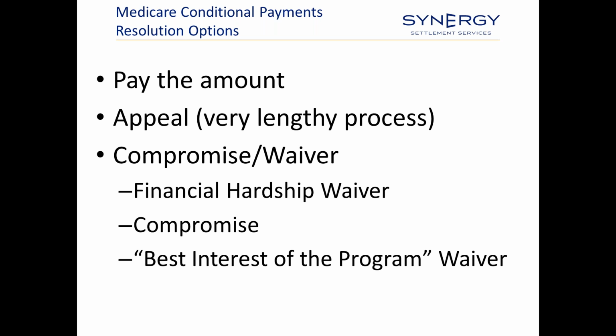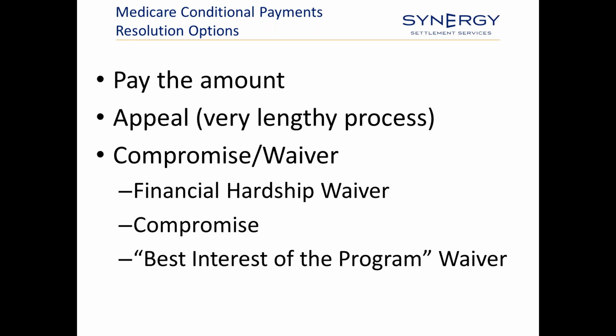If there is unrelated care, or if you're disputing the amount that Medicare has owed, you can go through the Medicare appeals process. We don't recommend going through that process because it's a very lengthy process, and once you begin the appeal process, interest starts to accrue, and it's over 10%.